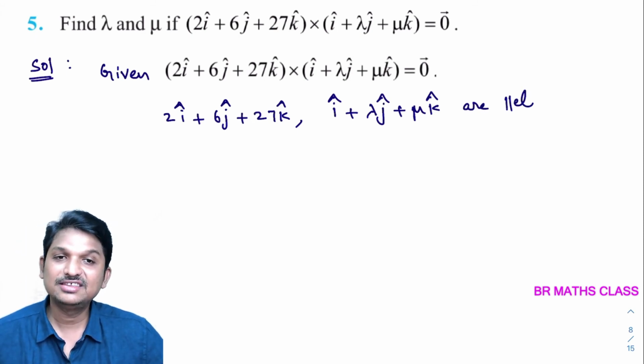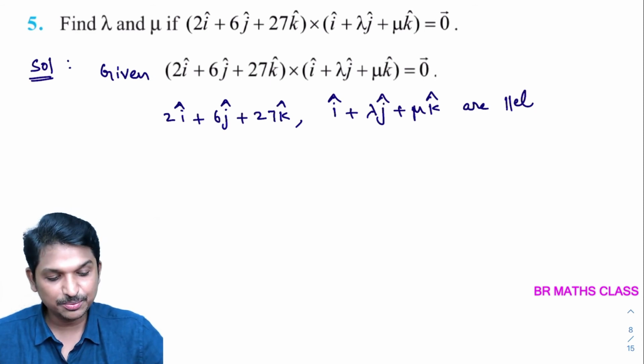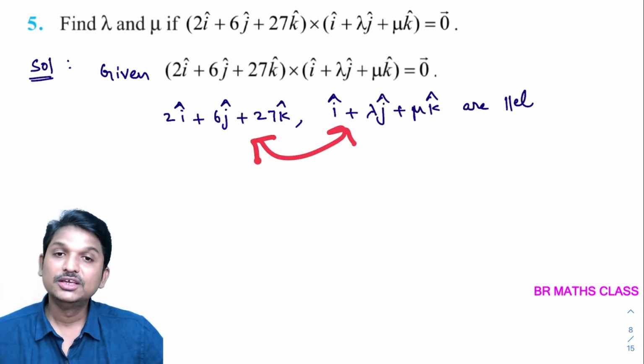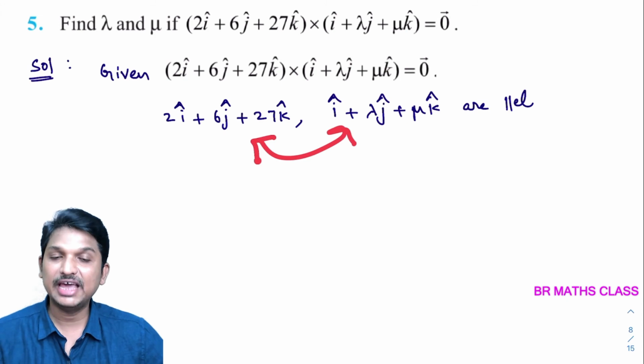As these two vectors are parallel, what do you know? Corresponding scalar components are proportional. Please listen carefully. If two vectors are parallel, then corresponding scalar components are proportional. So what can I write here?